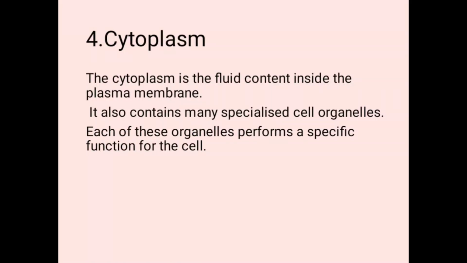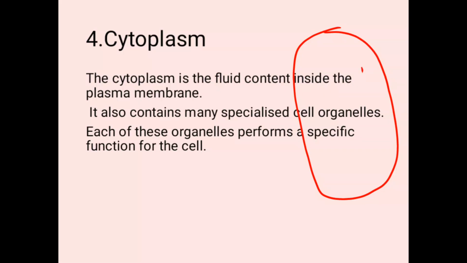Next one is the cytoplasm. In each and every cell, we can see some fluid inside the cell, right? That is nothing but cytoplasm. It has cell organelles, that is mitochondria, Golgi bodies, chloroplast.